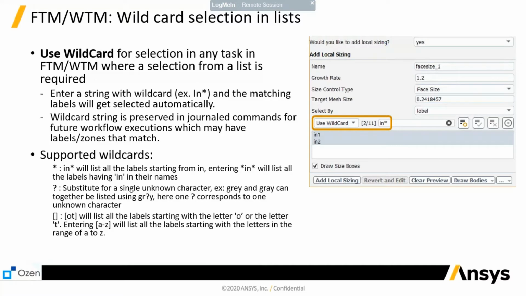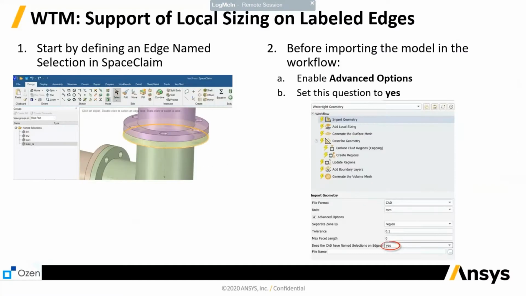The nice thing about this wildcard is that it is available and preserved in journal commands. So when you automate the process, it will be carried over, and you can do the same operation using the same command line.